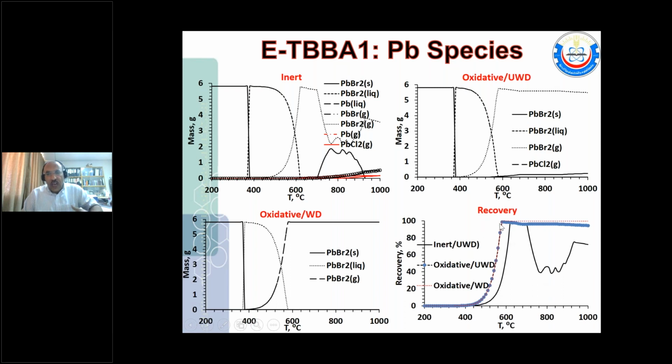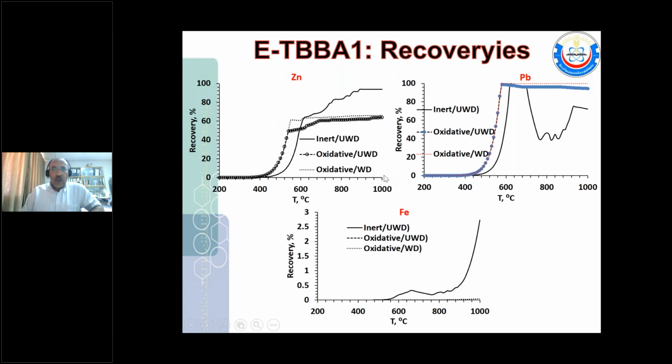At these conditions, lead recovery was very good, especially under oxidative unwashed and oxidative washed dust. Under inert conditions, we had some reduction reaction that formed some compounds and dropped the amount of gaseous lead bromide. Here is the summary of the recovery of these elements.